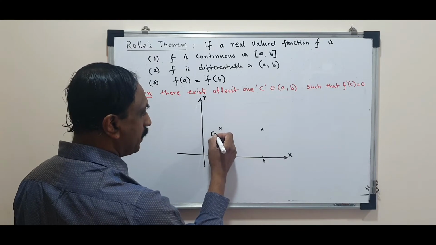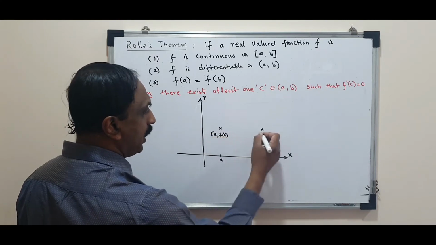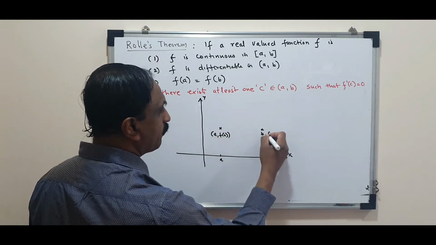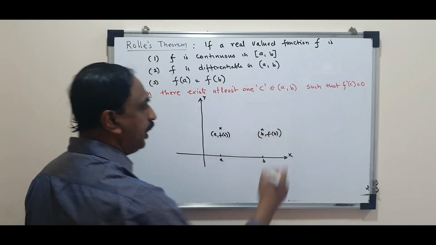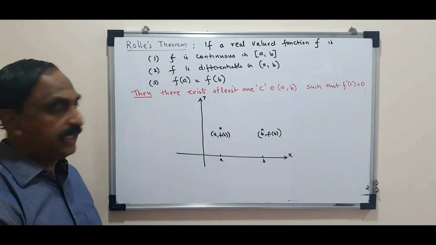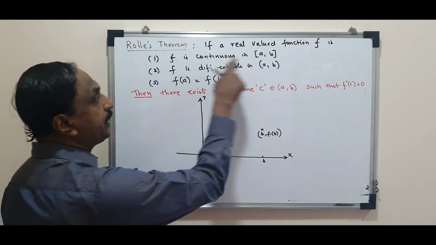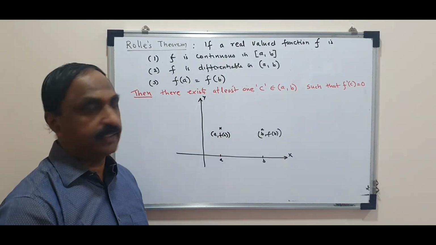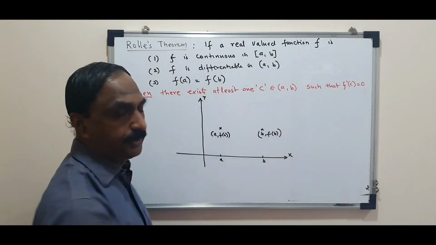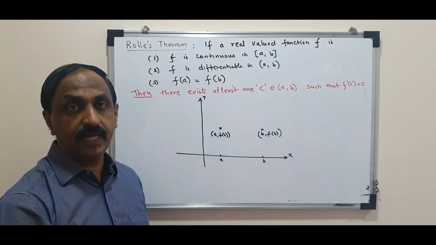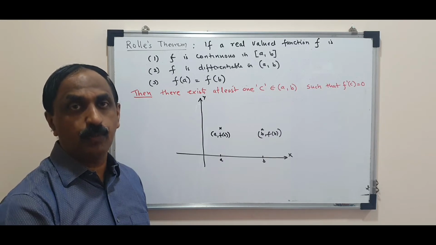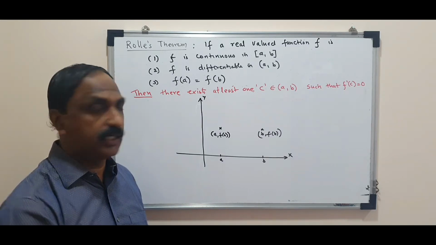So let me denote this by a comma f of a and here b comma f of b. Now I need to sketch a graph joining a and b such that it should be continuous. So there should not be any break in the graph. It should be differentiable. Everywhere the slope of the tangent should exist. That means I should be able to draw the proper tangent at each and every point on the curve.